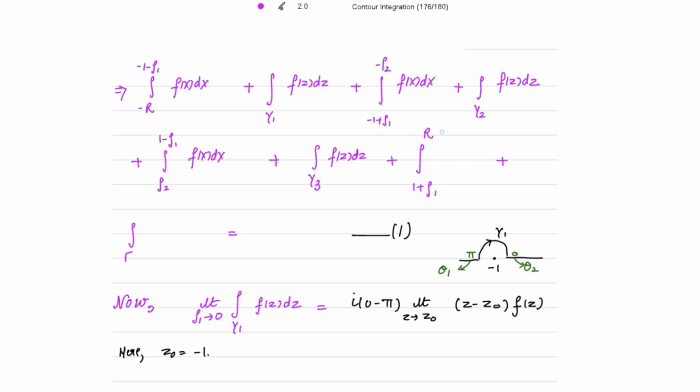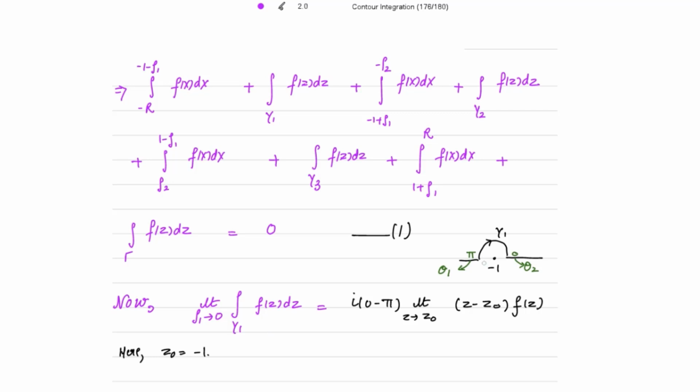And then again along the real axis, f of x dx. And then for semicircle tau, the function is in terms of z. So this complete integration is equal to 0. Now, calculating first for gamma 1, then gamma 2, then gamma 3, we will find the values, right?